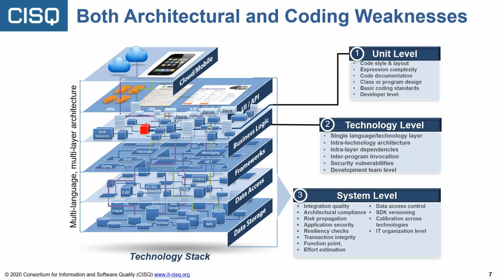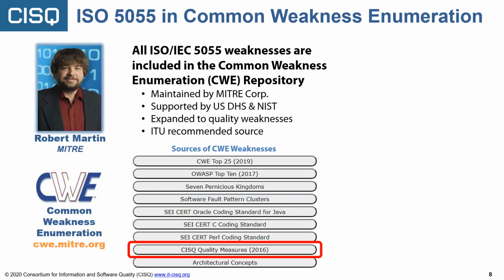So we have to be able to look at the whole application, and the CISQ measures, and now the ISO 5055 measures, include weaknesses that are both architectural and coding. All of the weaknesses in ISO 5055 are incorporated into the Common Weakness Enumeration. Bob Martin at MITRE, who has been one of the senior people involved in the Common Weakness Enumeration work, has worked very closely with CISQ in helping build a number of these measures.